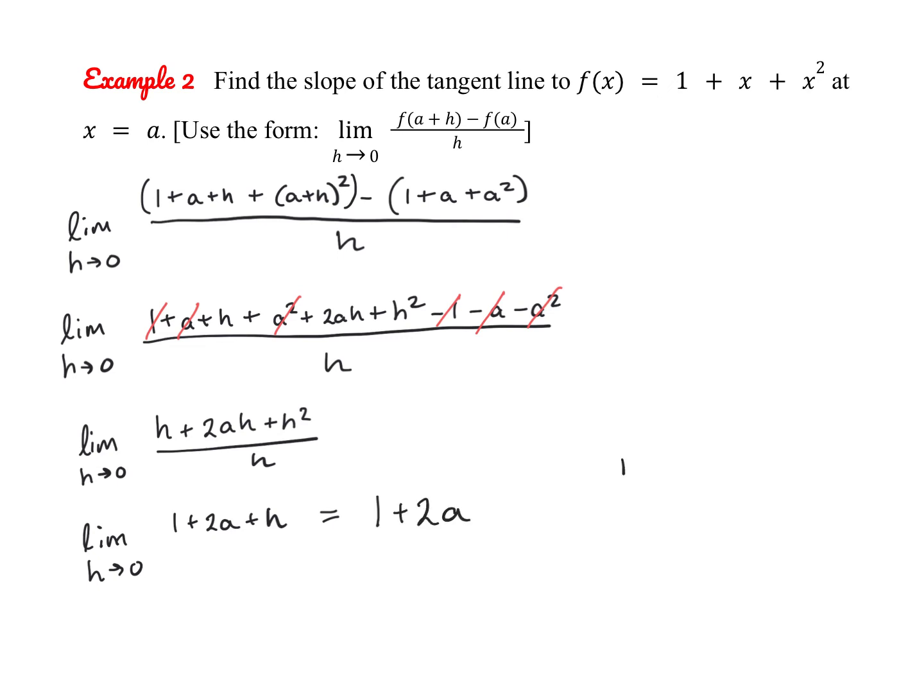So this represents the slope of our tangent line at any point, so for any value a. So if we wanted to find the slope of the tangent line at x equals 5, you would simply replace a with 5. So again, when you're finding this slope with the value a, it's creating a general expression to represent the slope of our tangent line.